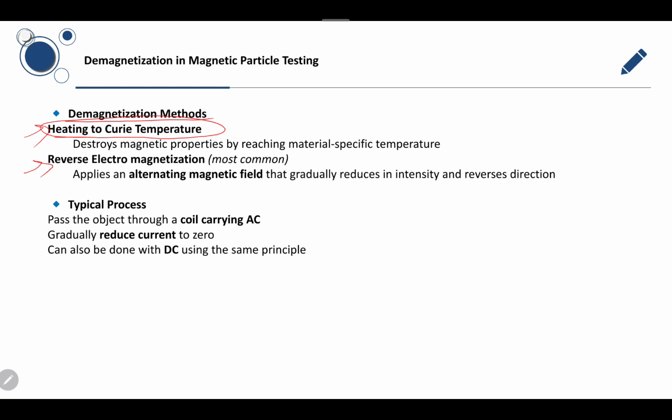Next one is reverse electromagnetization. This is the most common method. This is the most prevalent method in NDT.